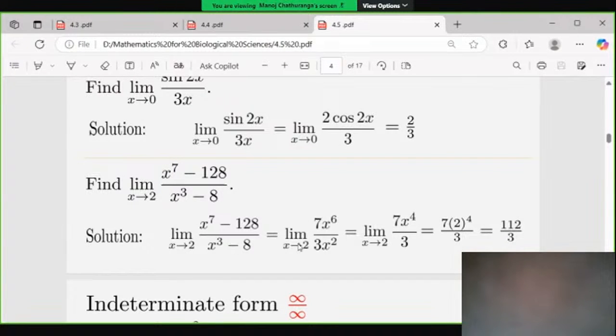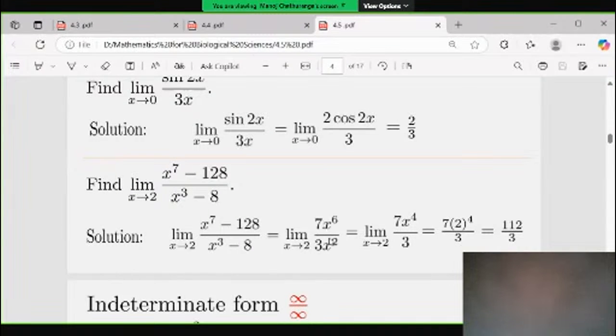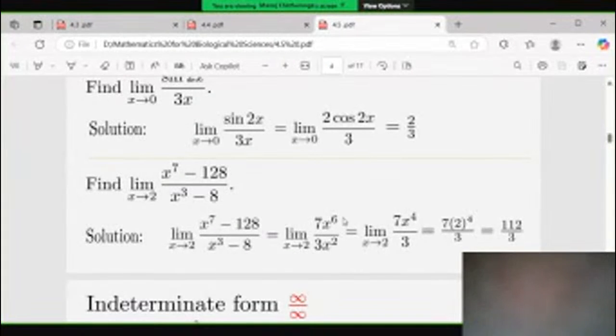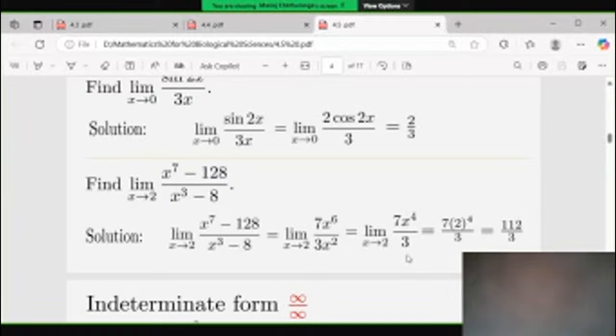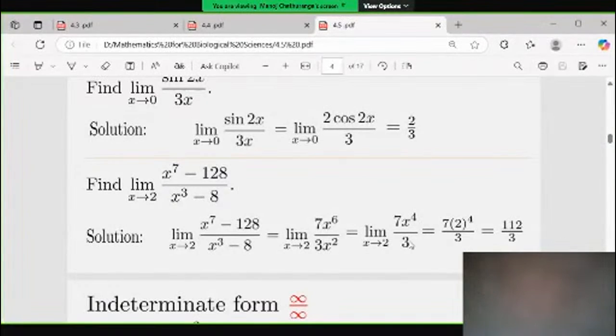So the result is something simpler. In fact, you can cancel the x squared terms from numerator and denominator. The result will be the limit as x goes to 2 of 7x to the fourth power divided by 3. At this point, this is not an indeterminate form anymore. You can simply substitute x equals 2.